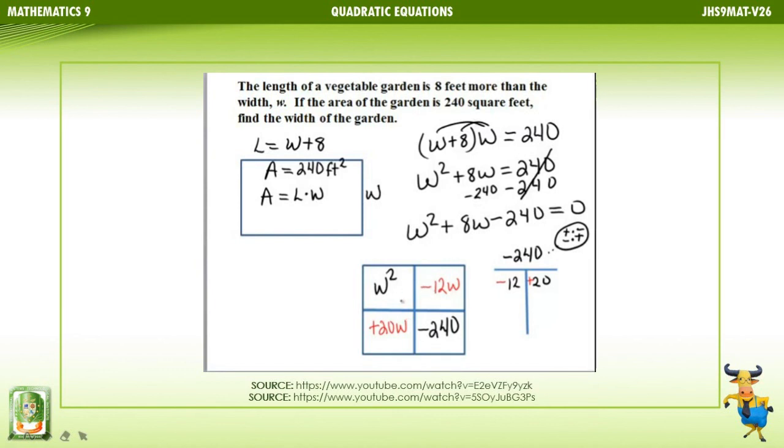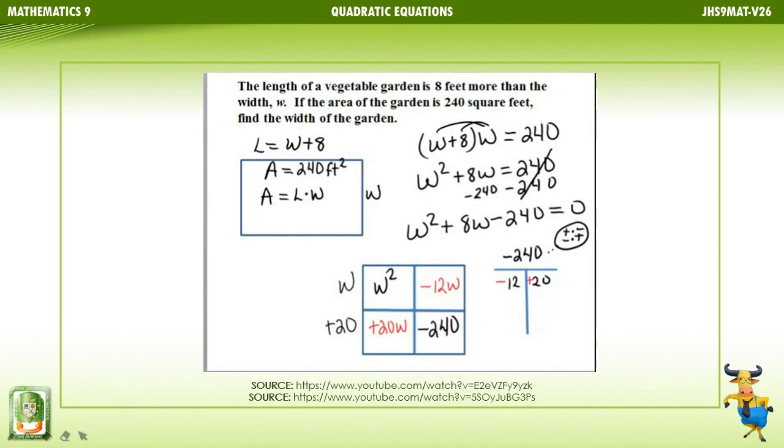factor along each of the rows and each of the columns, and I should obtain some values for w. So let's see here. The greatest common factor for the first row is w. The greatest common factor for the second row is 20, and we will write plus 20 since the contents of the box that it's touching are positive.